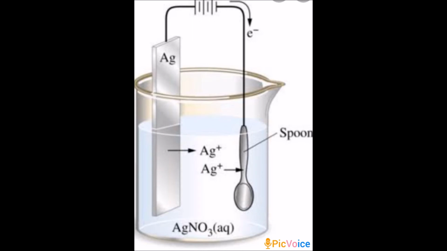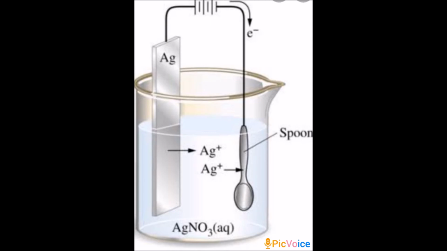For example, silver nitrate. As soon as the electric current starts flowing through the solution, electrons begin to escape from the silver anode. This results in the formation of positively charged ions, which separate from the anode and pass into the solution, and they migrate towards the cathode, attracted by its negative charge.